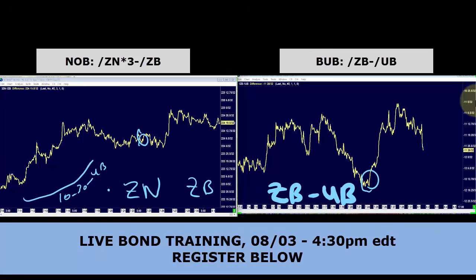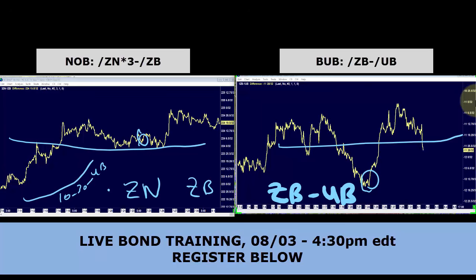As soon as that ZBUB was obviously very inexpensive, the knob was already kind of mid-range. If we go back to this chart and look at 7.9 right here, you can see ZBUB is way, way under its average range over that period. So it was clear that the ZBUB was inexpensive relative to the knob.